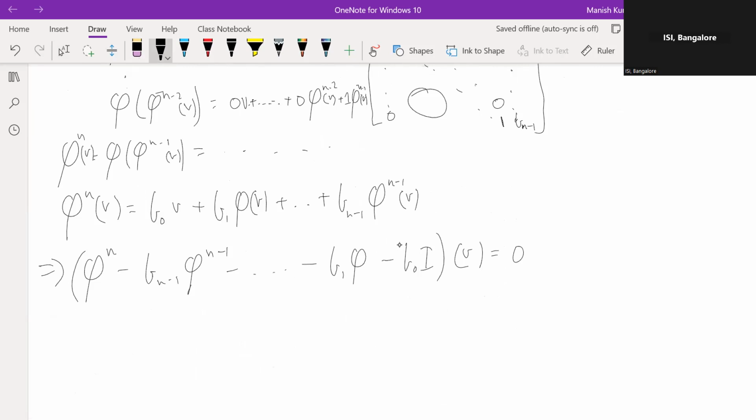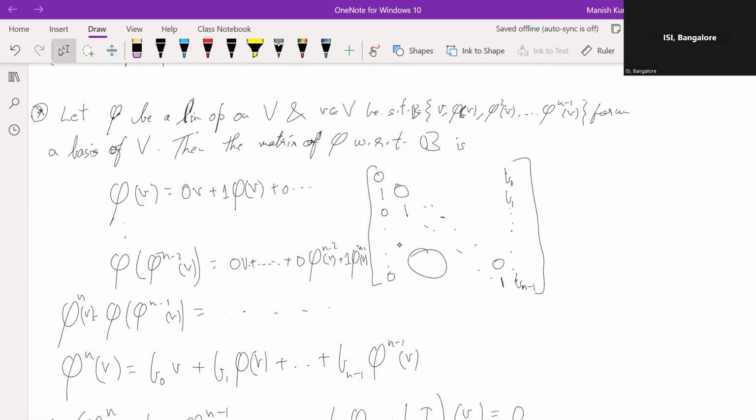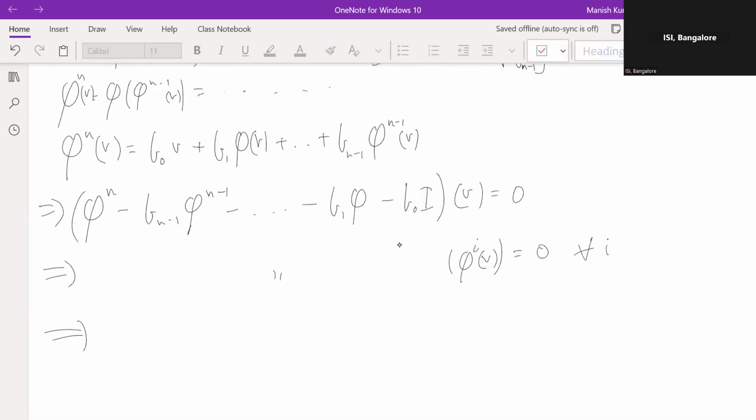So this is true for phi i v for all i, because I can pull out this phi i, right? And these phi i v's form a basis, so it will be true for everything, for every vector.